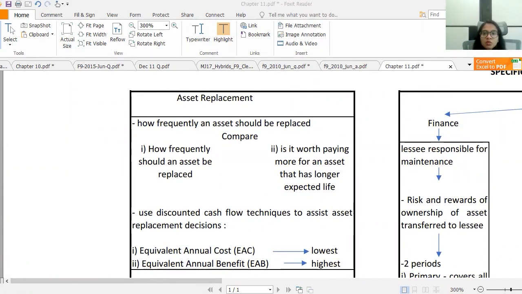Basically, what we do is we are trying to compare whether or not we continue holding the asset or we replace the asset.